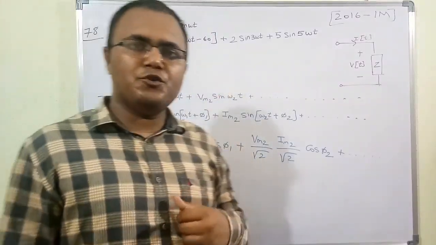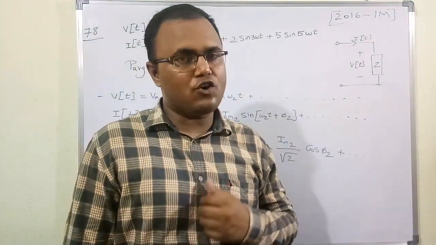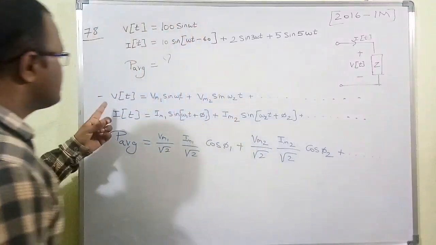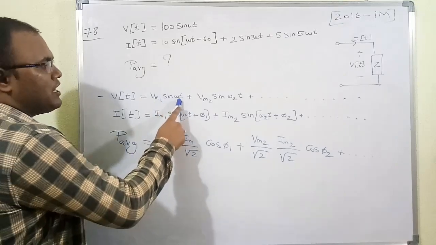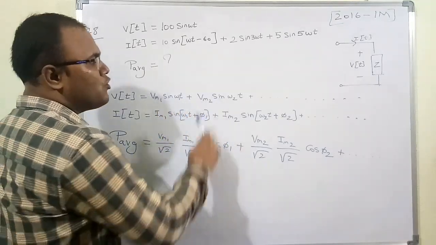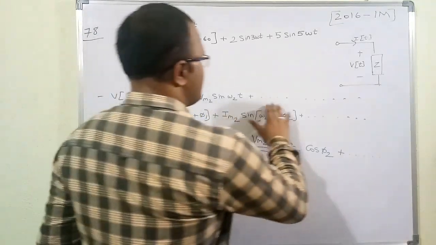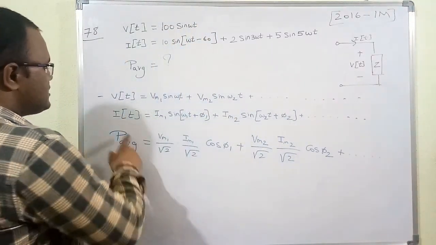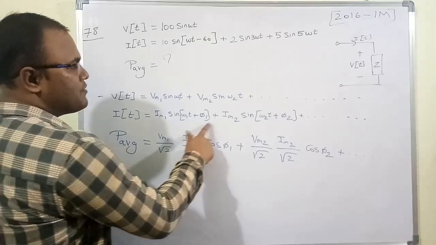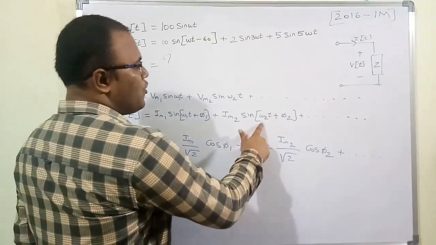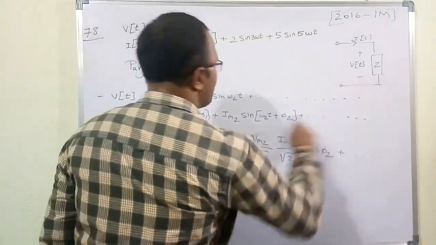Say V of t is equal to Vm1 sin omega 1t plus Vm2 sin omega 2t and so on, and similarly I of t is equal to Im1 sin (omega 1t plus phi 1) plus Im2 sin (omega 2t plus phi 2) and so on.